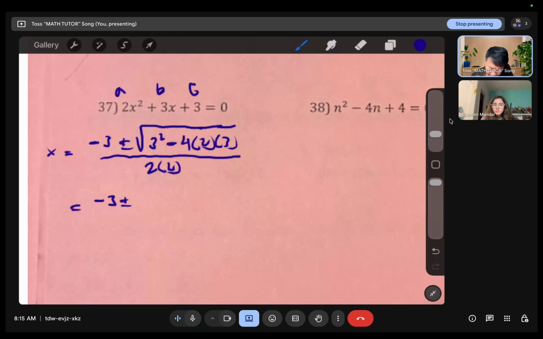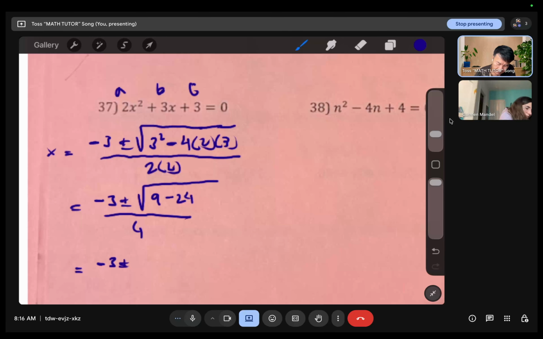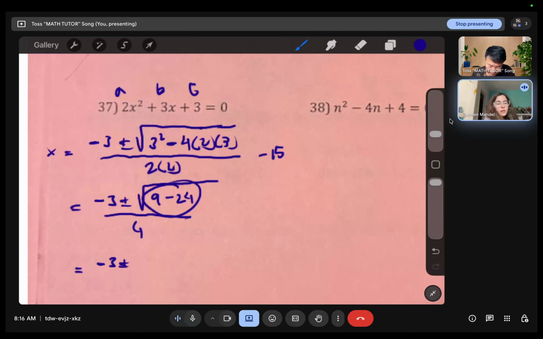So plus or minus the square root of 9 minus 24 over 4. You're going to get an i complex number out of this. What is that? 9 minus 24 is negative 15, right? Yes.